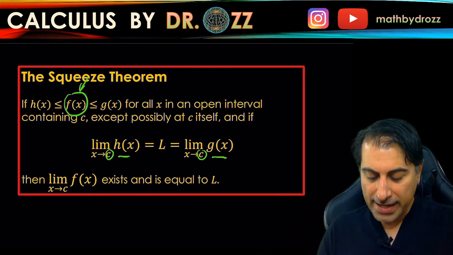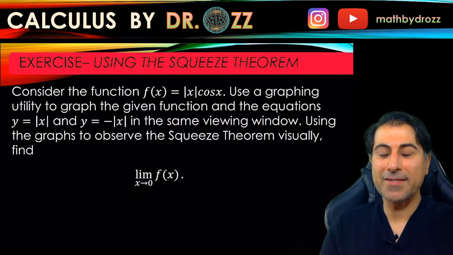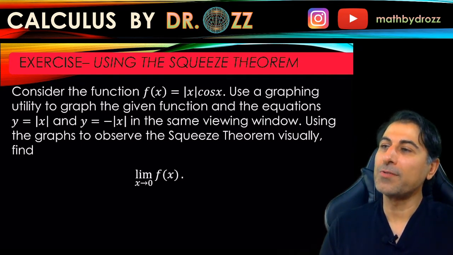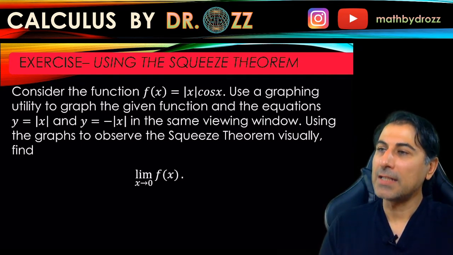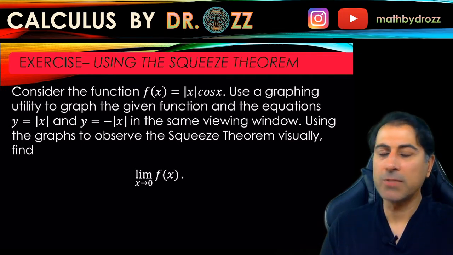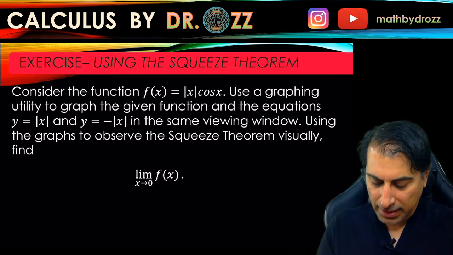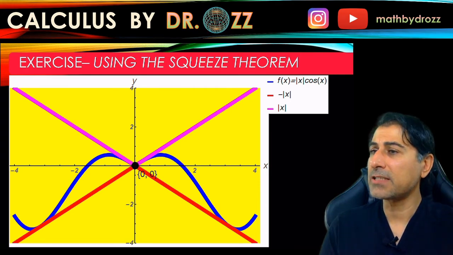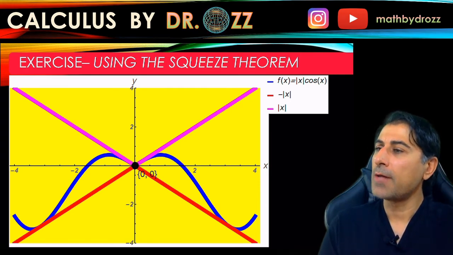So why don't you go ahead, in fact, have your calculator ready and graph all three functions here in the same viewing window. Since the limiting point is 0, you can take your x min to be -2, x max to be 2. Now let's see what I have here. I think I got my x min to be -4 and x max to be 4. So I put all three graphs in the same viewing window.